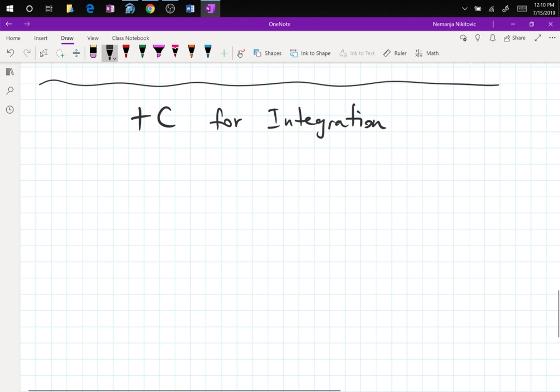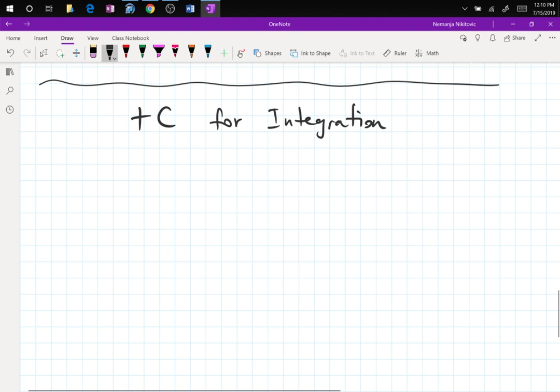So, first of all, we understand that the plus C for integrals is not optional, and it's not there for decoration. Derivatives destroy constants. The derivative of 10 is 0, the derivative of 1,000,000 is 0, the derivative of -5 is 0.